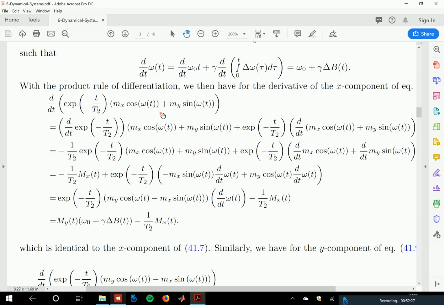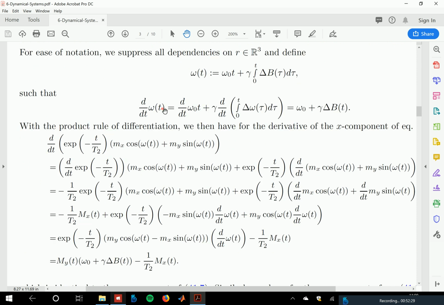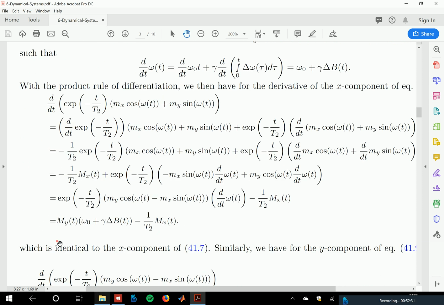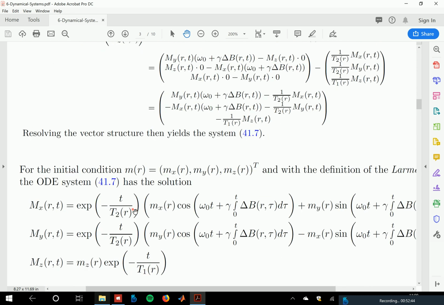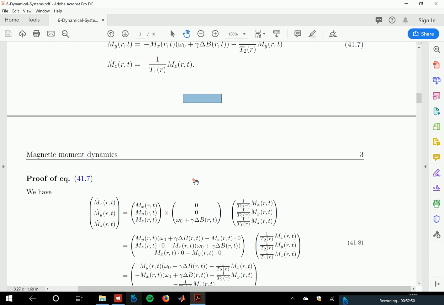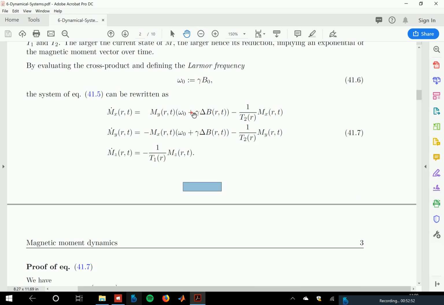So we have a solution for mx, compute the derivative. Turns out the derivative of the solution mx is the solution my minus 1 over t2 the solution mx, with a little bit of nitty-gritty calculus in between. So that means that the x component solution here, this long thing, actually solves this differential equation.